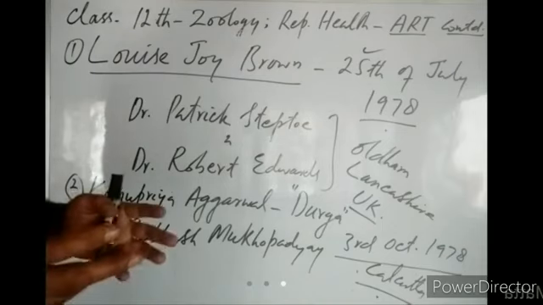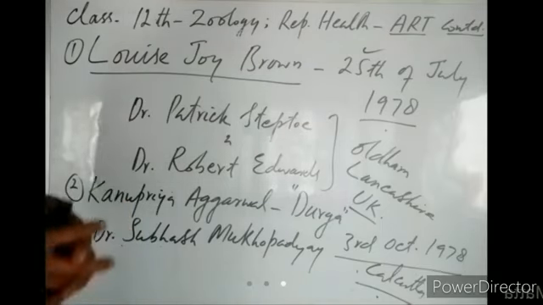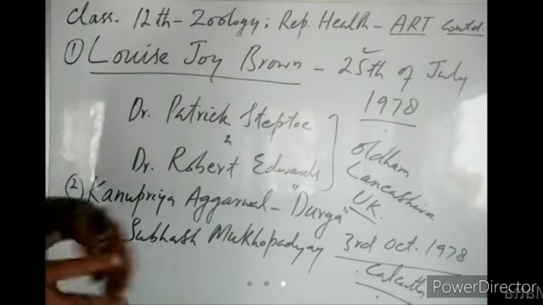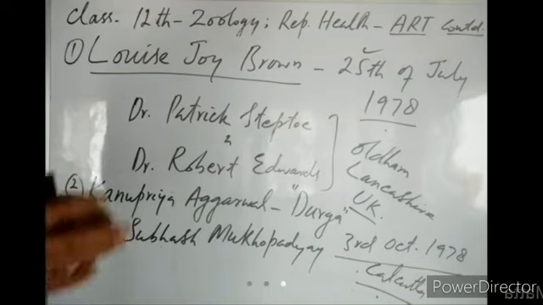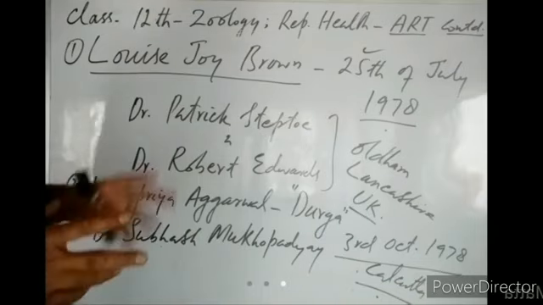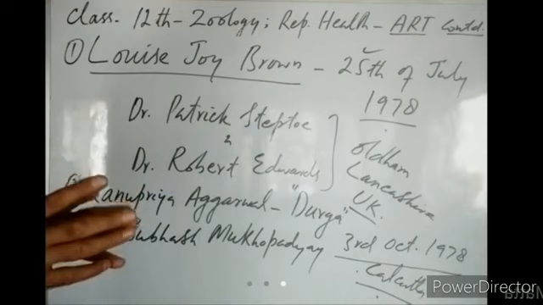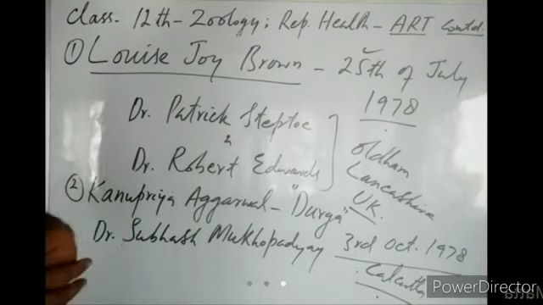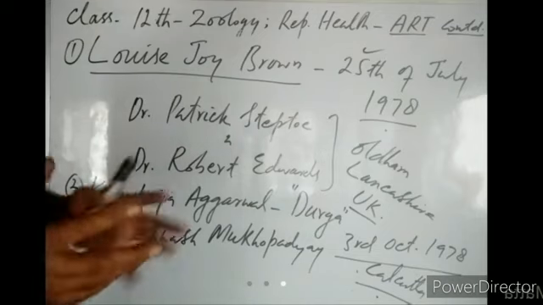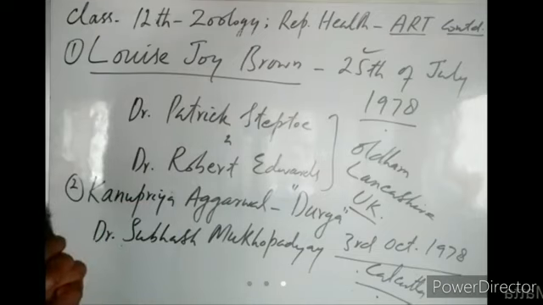They found suitable lab equipment and suitable documentation of how he produced Kanupriya Agarwal through IVF-ET. Then it was officially announced that Kanupriya Agarwal is the first test tube baby of India, developed by the efforts of Dr. Subhash Mukhopadhyay. But until then, he had committed suicide in disappointment, right?